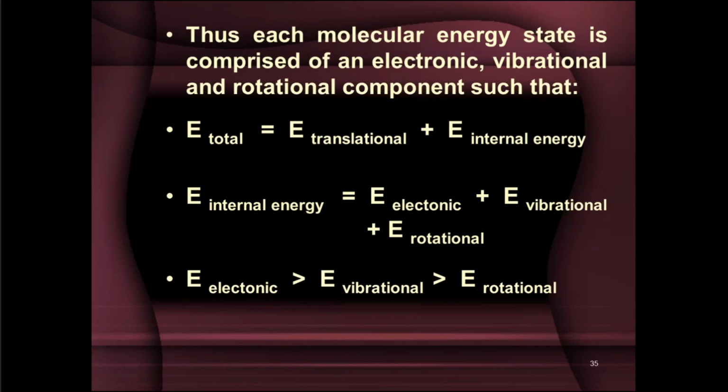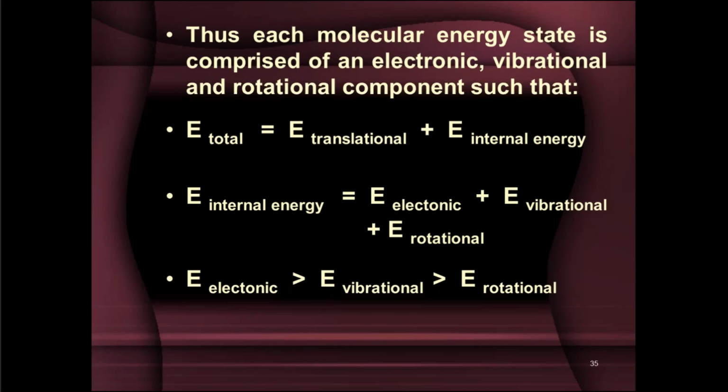Internal energy, E equals E electronic, that is electronic energy, plus vibrational energy plus rotational energy. So the sum of electronic, vibrational and rotational energy gives you the internal energy possessed by the molecule. This is energy in addition to the translational energy possessed by the molecule.